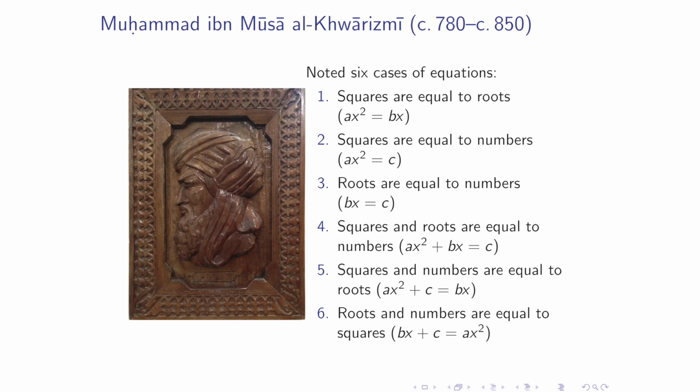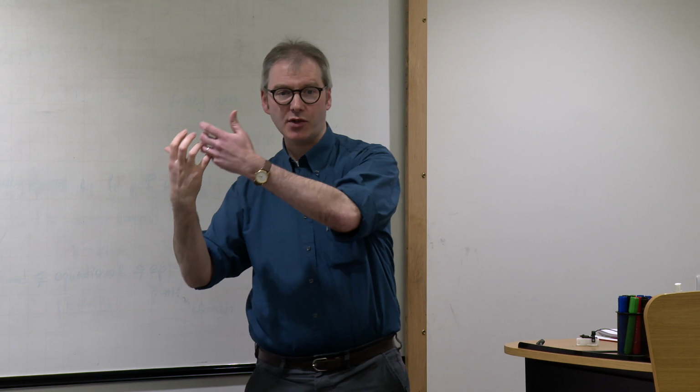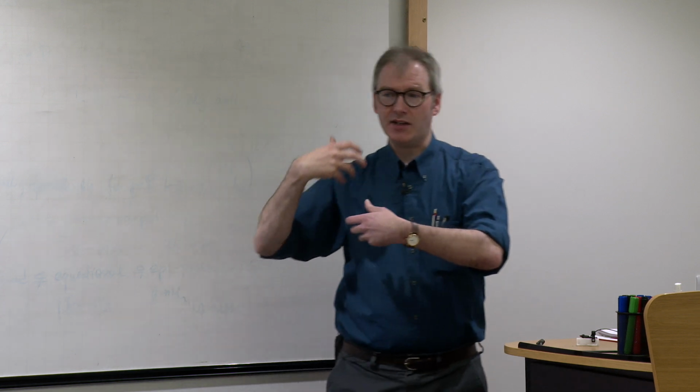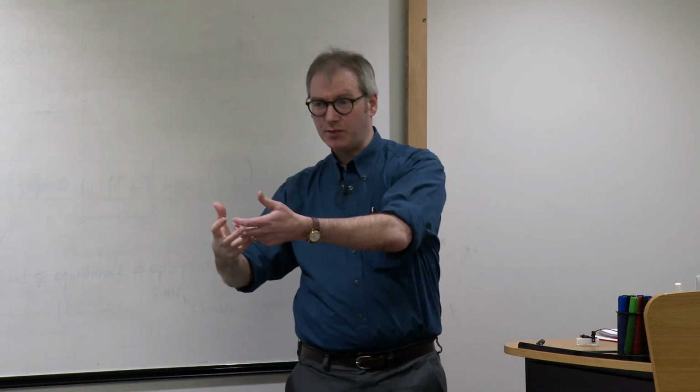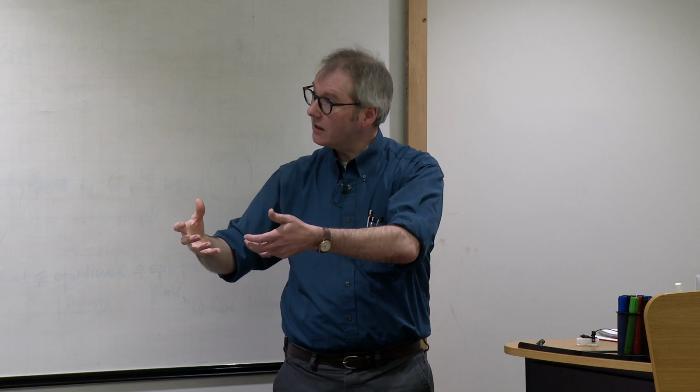He's interested in solution of equations, and he publishes this text whose title translates into English as Book on Restoration and Balancing. So restoration is the idea that you have an equation, and all expressed verbally, but if you have an equation and you have something negative on one side, the act of restoration is adding something positive to get rid of the negative thing.